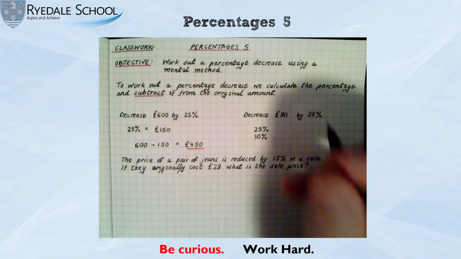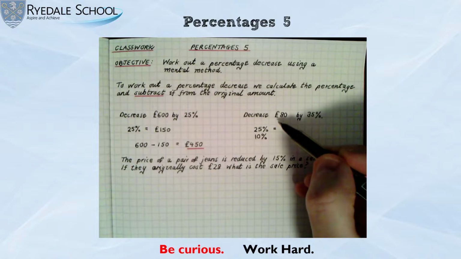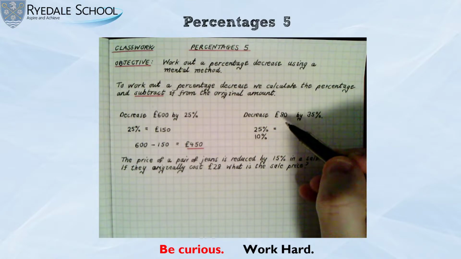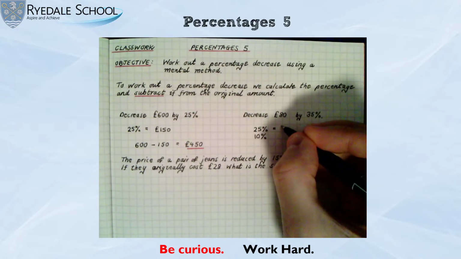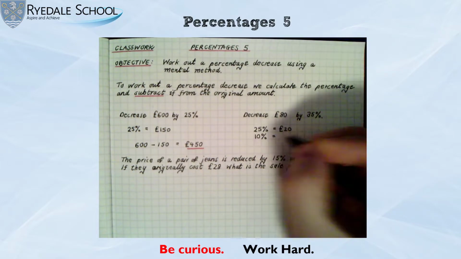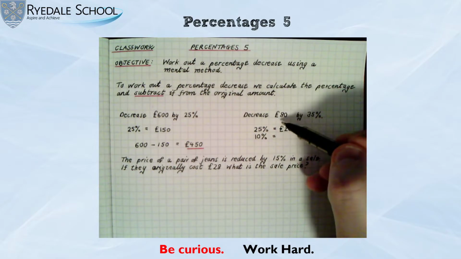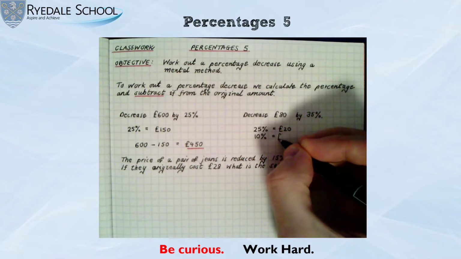So remember, to find 25%, we are halving and halving again. So half, 40, half it again, 20. And to find 10%, we're dividing by 10. So it is £8.